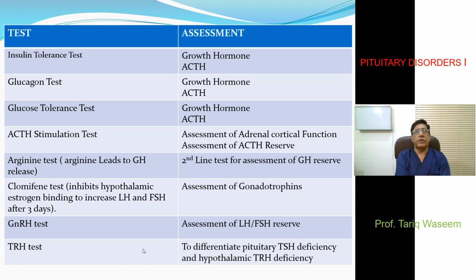Glucagon does the opposite. Glucagon would lead on to hyperglycemia, and whenever there is an increased amount of glucose, it gives a negative effect on the pituitary, and it should lead to a decrease in growth hormone and ACTH. If the gland is under the influence of this feedback mechanism, it would lead to a decrease in growth hormone and ACTH when glucagon is administered.